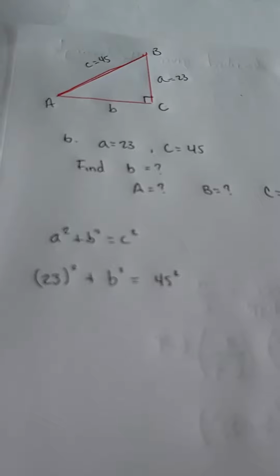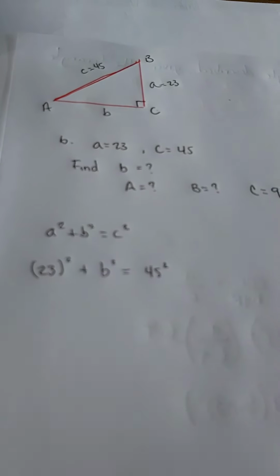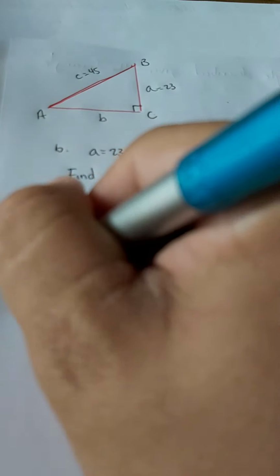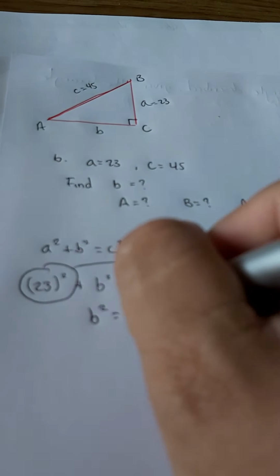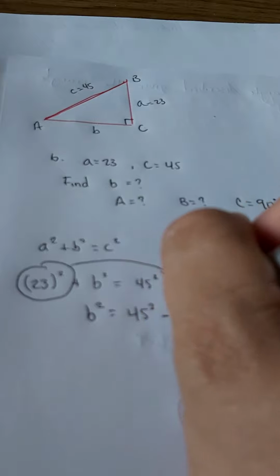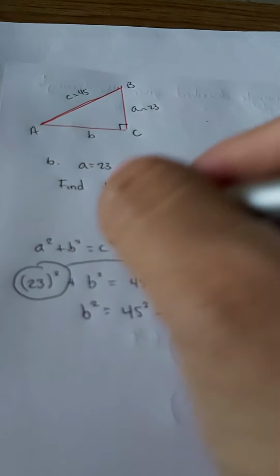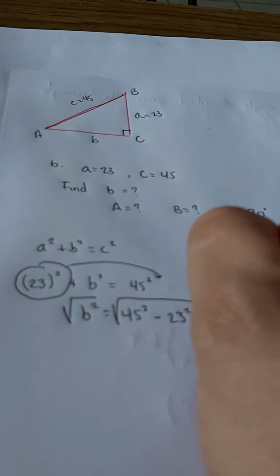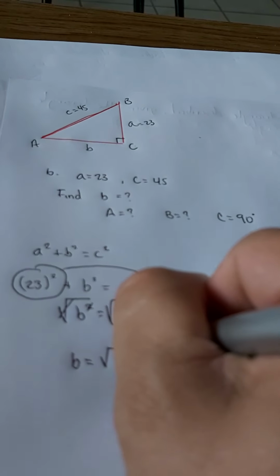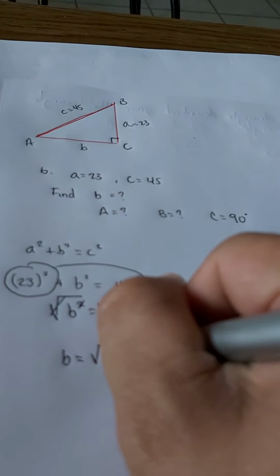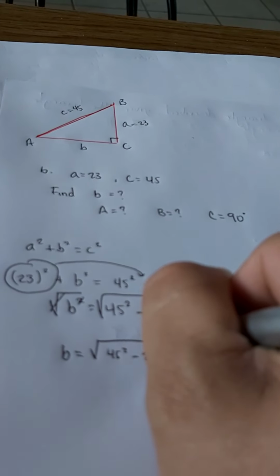So how much is 23 squared? Okay, we solve for b squared, pass 23 squared to the other side, and we get b squared equals 45 squared minus 23 squared. We find the square root on both sides, and we get that b equals the square root of 45 squared minus 23 squared.